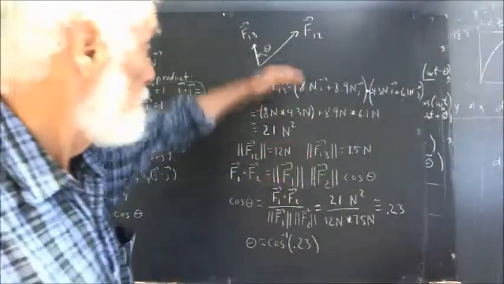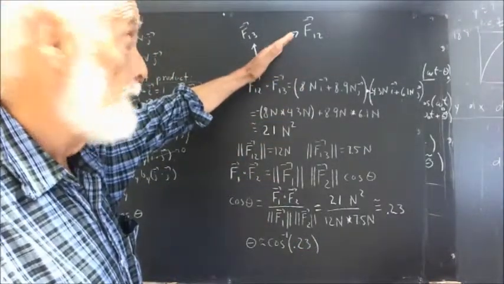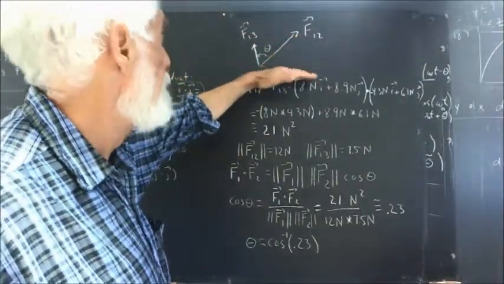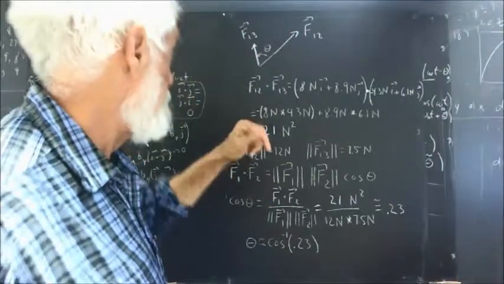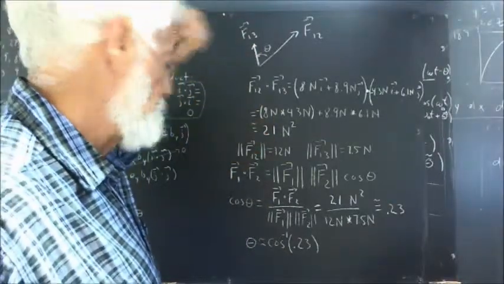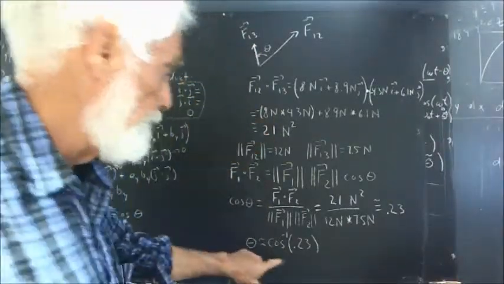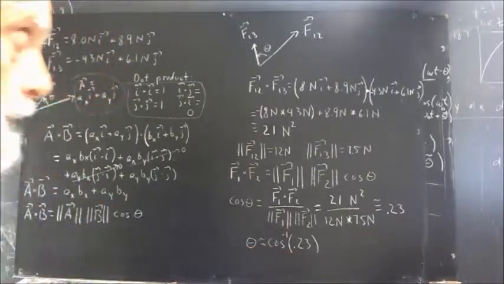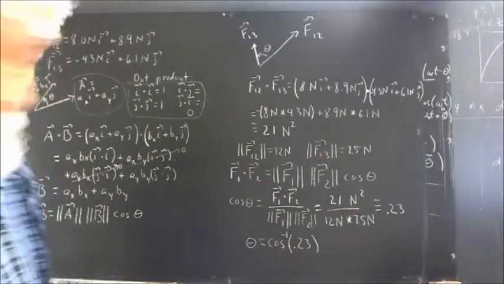Now, earlier we determined that this angle of this vector with respect to the positive x-axis was 48 degrees, and this angle was 125. Okay, the difference between those is 77 degrees, so this inverse cosine ought to come out pretty close to 77 degrees, although it might not come out exactly equal to 77 degrees.